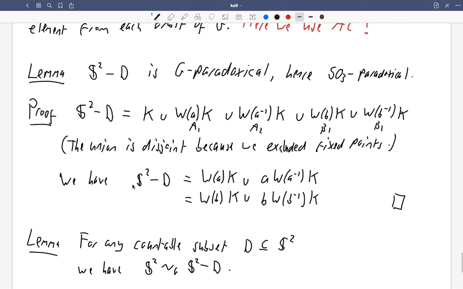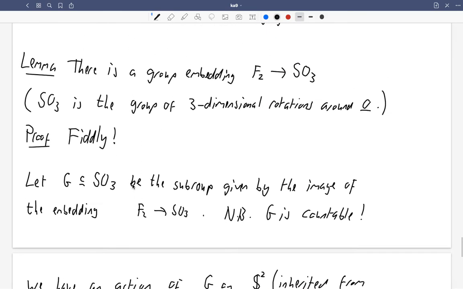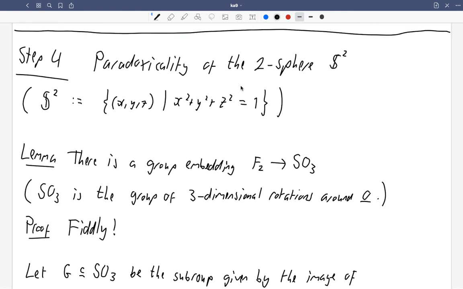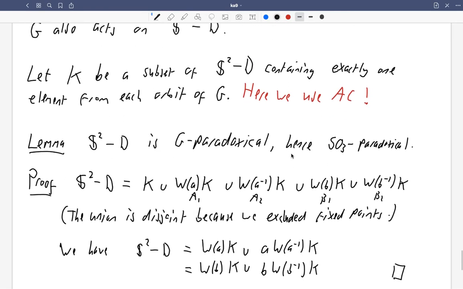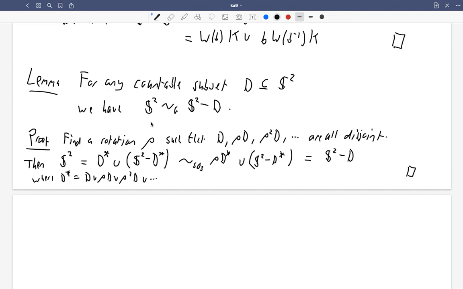Okay, so now we've nearly completed step 4, which is the paradoxicality of the two-sphere, because we've seen that S2, the two-sphere with the countable set of fixed points taken away, is G paradoxical, but also that it's equidecomposable. I just realised I need to correct this: it is equidecomposable in SO3.